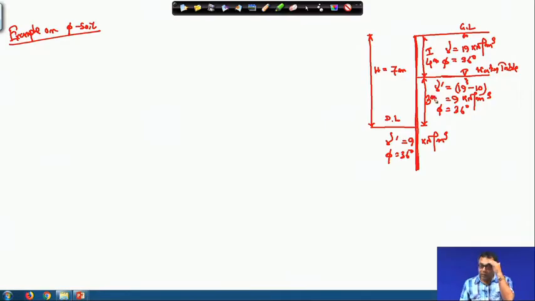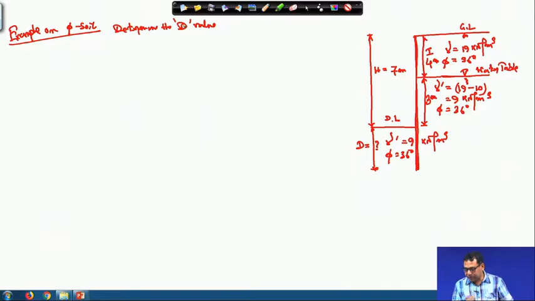So the water table is 4 meter below the ground level and the dredge level is 7 meter below the ground level. So the H value is 7 meter, and we have to determine the D value, the depth of the sheet pile required.